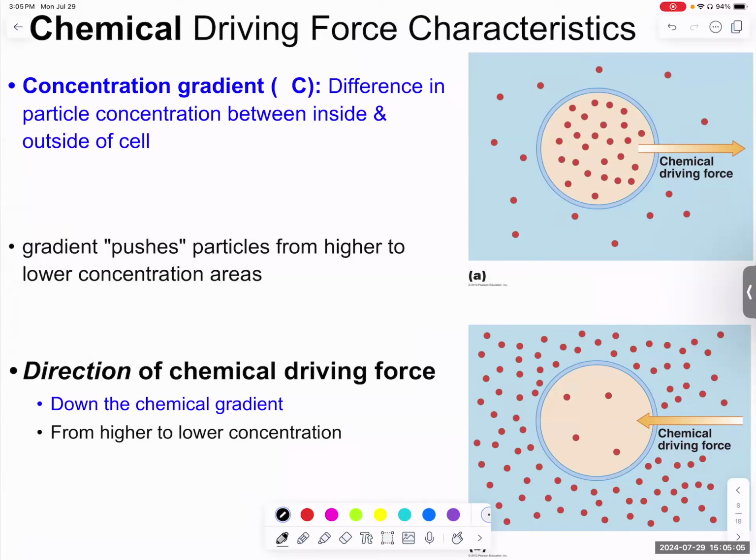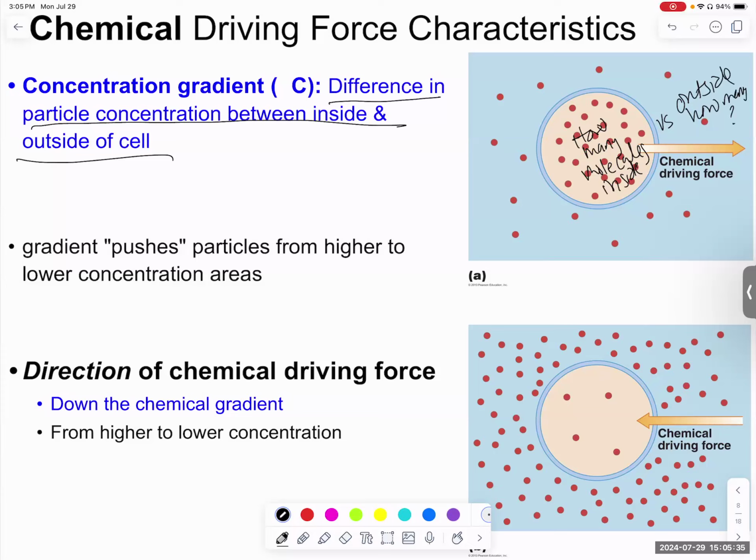First, though, concentration gradients, again, it is the difference in the particle concentration between the inside and the outside. You can say chemical gradient, you can say concentration gradient for our purposes in physiology. It's how many molecules inside versus outside, how many, right?